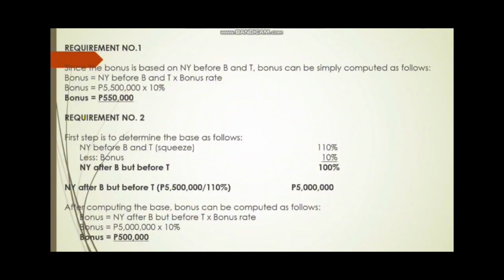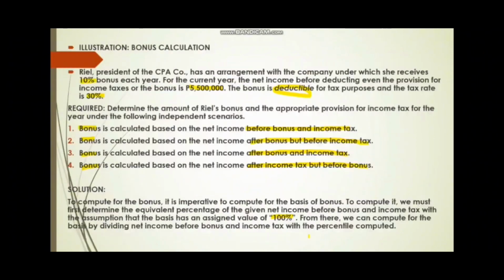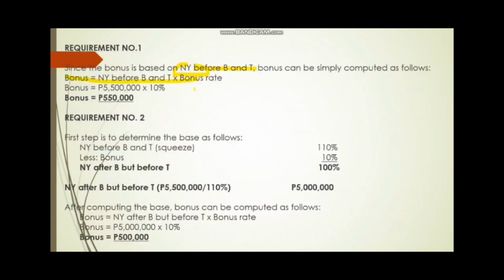Requirement number 1, since the bonus is based on net income but before bonus and tax, bonus can be simply computed as follows. Bonus equals net income before bonus and tax times bonus rate. So here in the problem, the net income is 5,500,000.